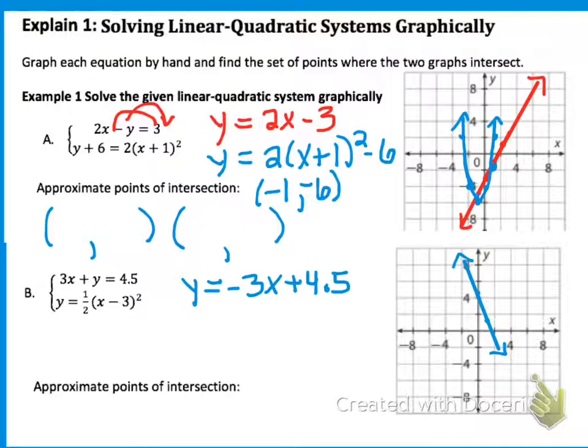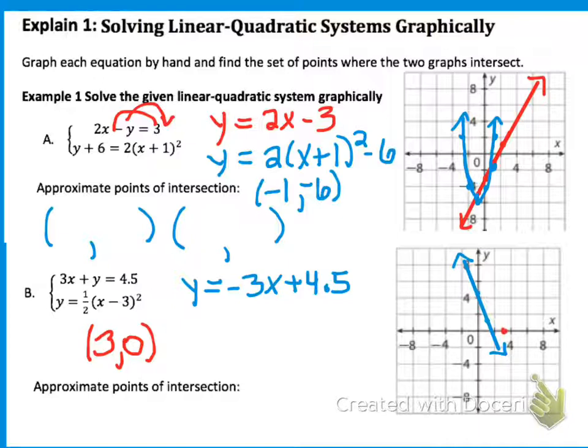We can do the parabola because it looks like it's in vertex form. The vertex is actually at (3, 0), because there's no constant being added on the end, so there's no slide up or down. And then there's a vertical compression by 1/2, that's the 1/2 out in front. So the vertex is at (3, 0), right here.